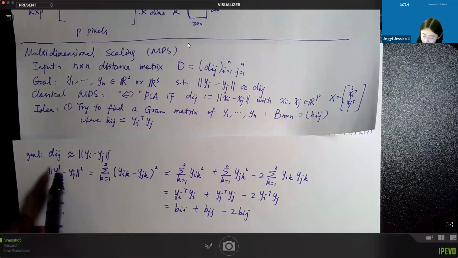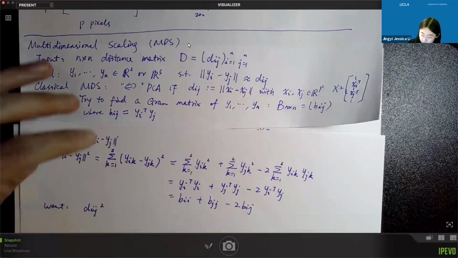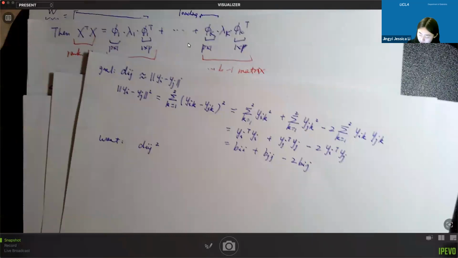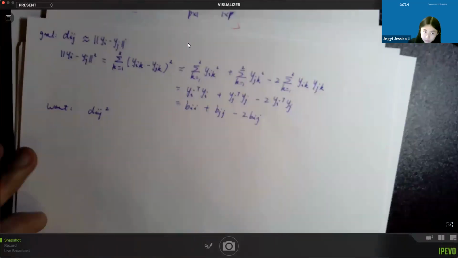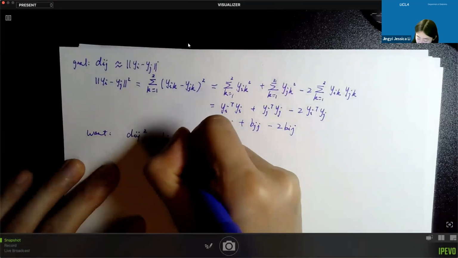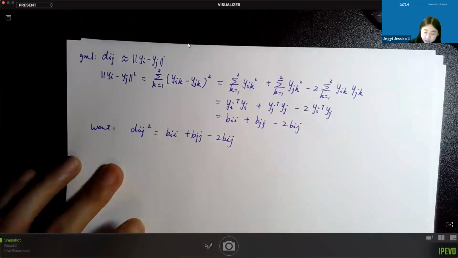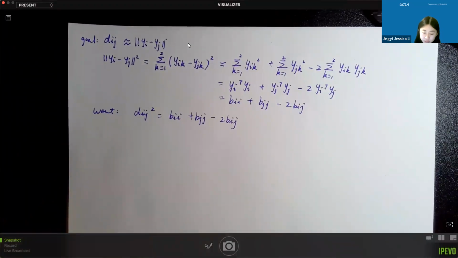So if we want to set this to be equal, then we want D_ij squared, this is what we have as input, to be equal to B_ii plus B_jj minus 2 times B_ij. We have this. And we also have some nice properties about the Gram matrix, I should say.